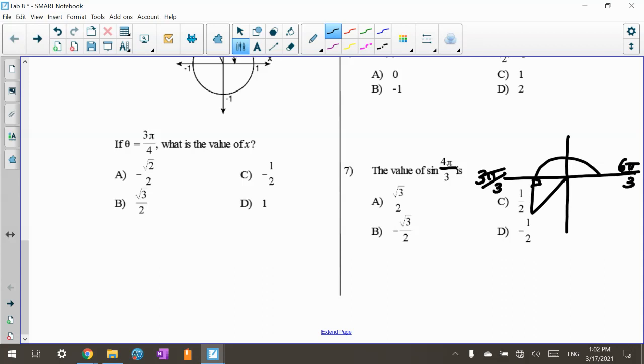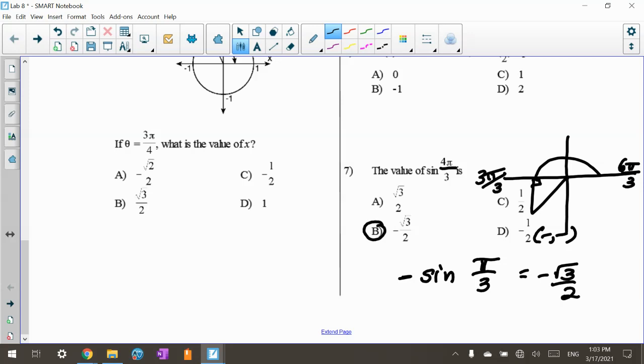My mistake. So the reference angle is still pi over 3. It's still sine, but sine is negative down in quadrant 3. So this is going to be negative the sine of pi over 3, which is the same as negative the sine of 60. And that's going to be negative radical 3 over 2. So that's going to be choice B.